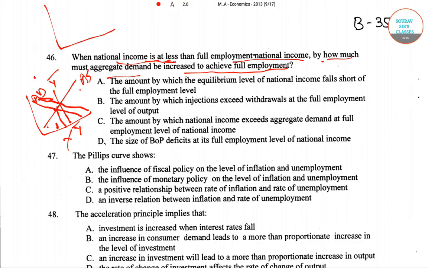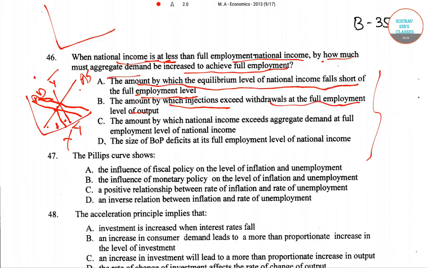Now 4 options are given. We'll just read out the 4 options. The amount by which the equilibrium level of national income, which is this, falls short of the full employment level. Next, the amount by which the injection exceeds the withdrawal at the full employment level.